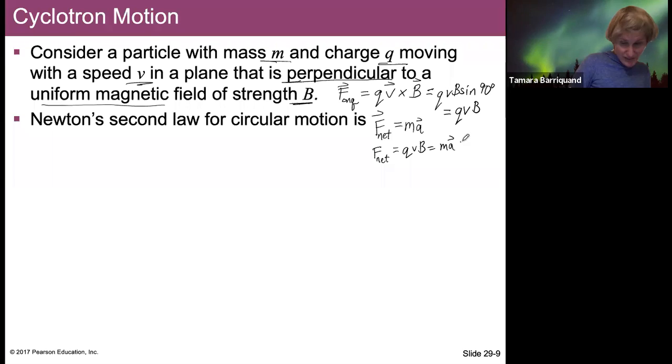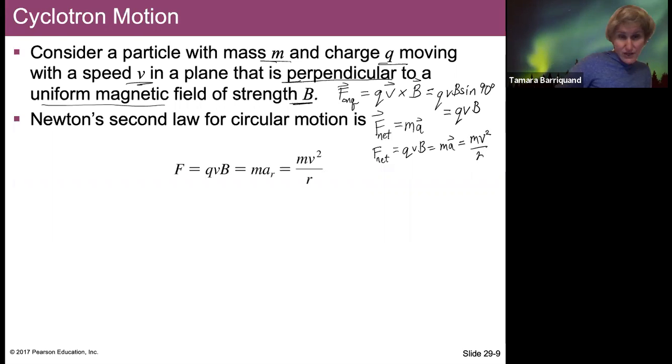And we know we're going in a circle, so that will be the mass times v squared over r. So F equals QVB equals the mass times the radial acceleration, which is equal to mv squared over r.